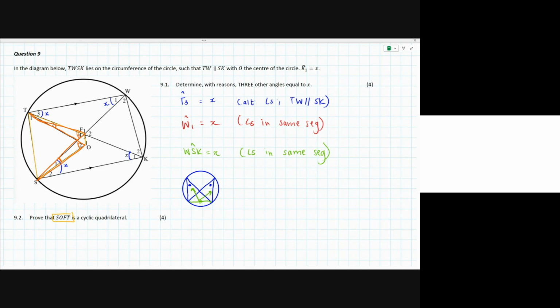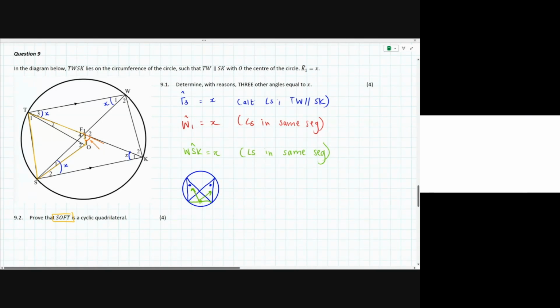I maybe could use interior angles, and I maybe could use exterior angle of a cyclic quad. I will explain to you why I don't think those are going to be my reasons. Firstly, because of this line OF. I would have to construct that line. That doesn't exist right now. The angle created between OF and then this line FK, that is the exterior angle. So I'm now cutting up angles.